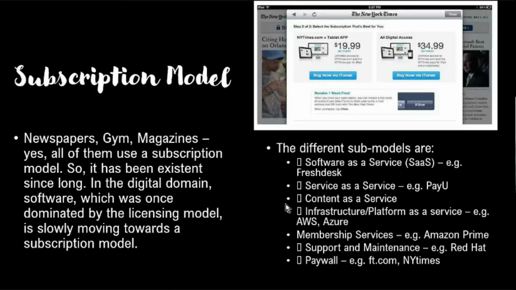Then we also have the subscription model. So newspapers, gyms, magazines, all of them use a subscription model type. It has been existent since long. In the digital domain, software, which was once dominated by the licensing model, is slowly moving towards a subscription model.